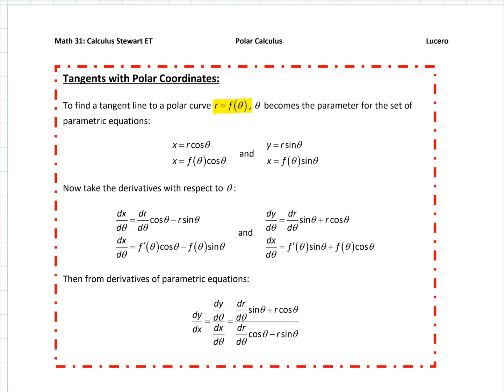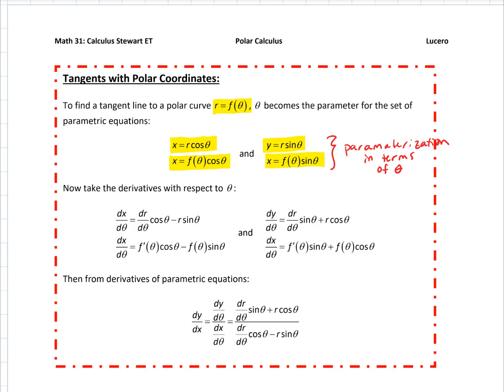We know the connection back to x and y: x is just r cosine of theta, y is r sine of theta, which is just a parameterization in terms of theta. I had to really think out the spelling of that word. Maybe I misspelled it.